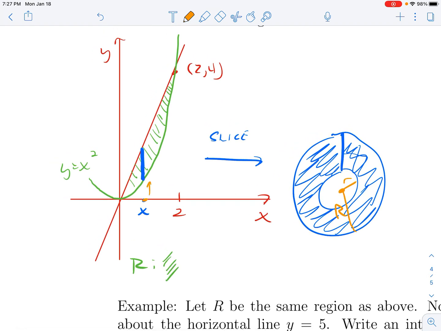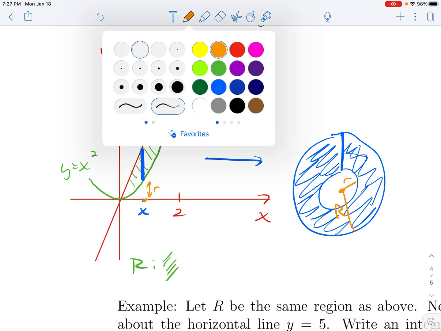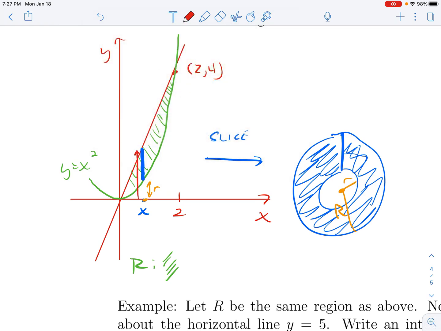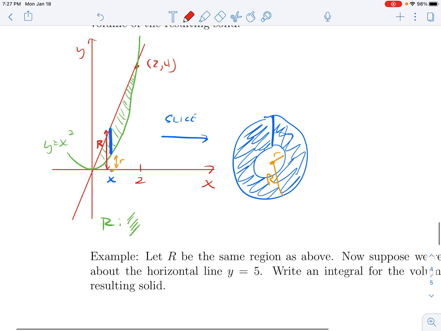So our little radius is this distance, from here to here, basically measuring from the center of the washer to this inner edge, while our big radius is this distance. And both of those distances are just the distance from y equals 0 to one of those graphs.